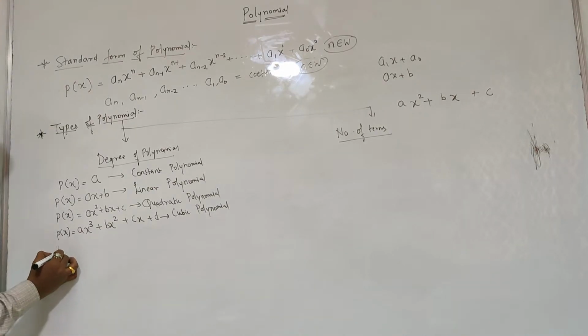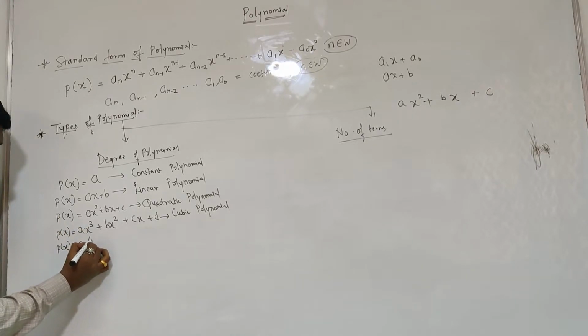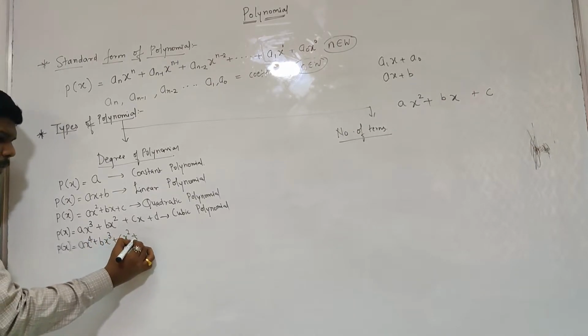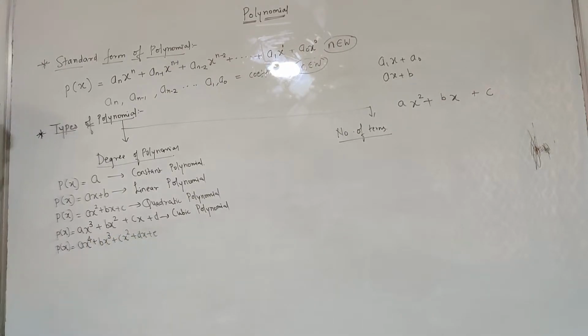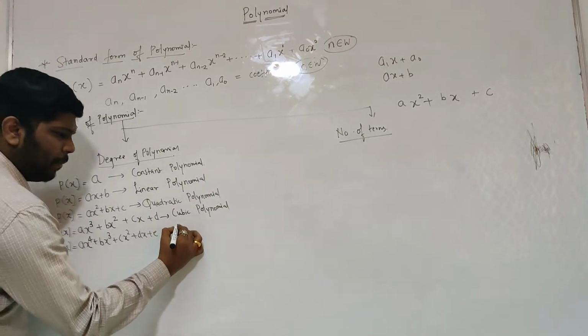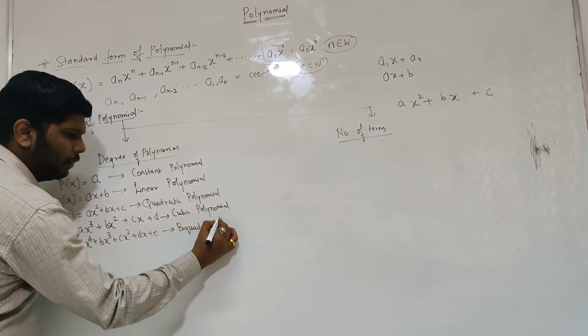And let us see one more type. Say suppose p of x, where the degree of the expression is 4, we can say this is ax raised to 4 plus bx cube plus cx square plus dx plus e, and such type of polynomial with degree 4 is nothing but our biquadratic polynomial.